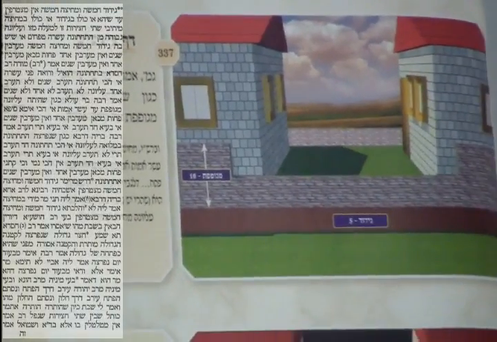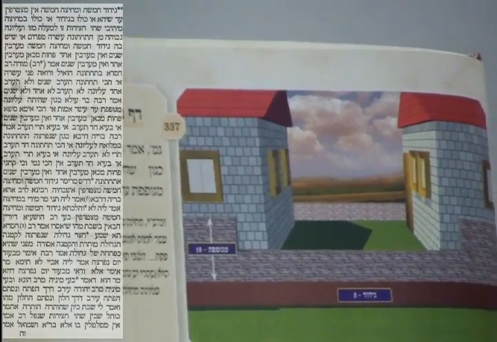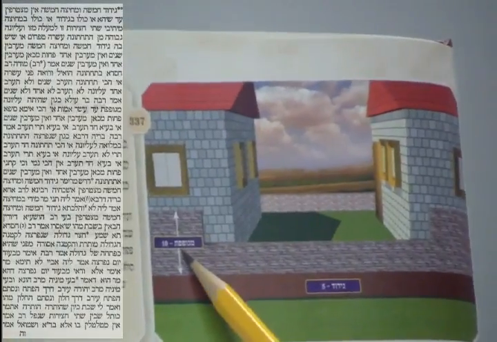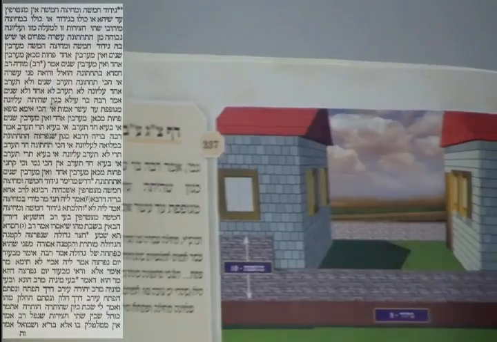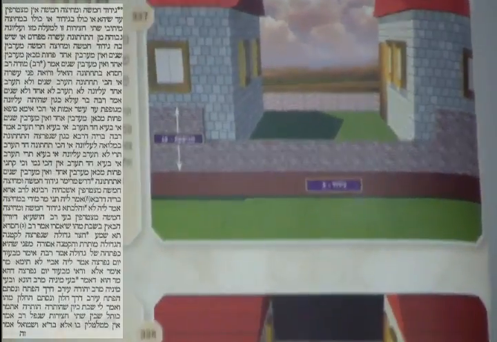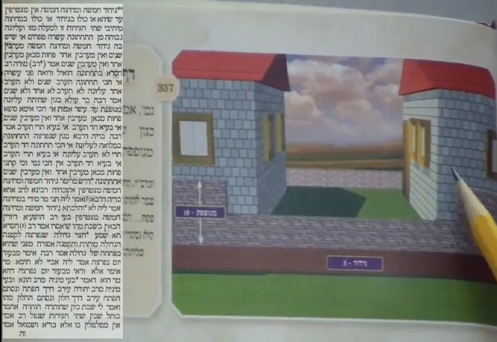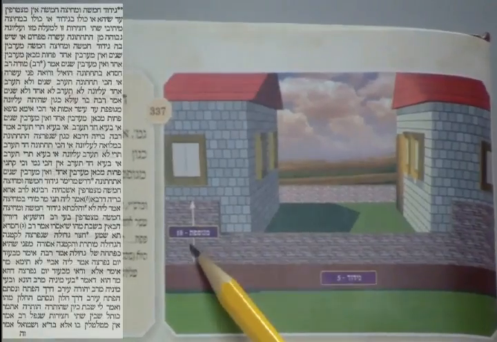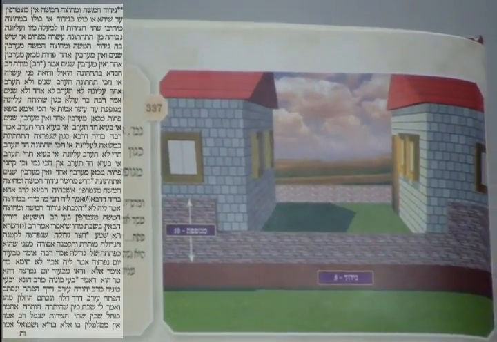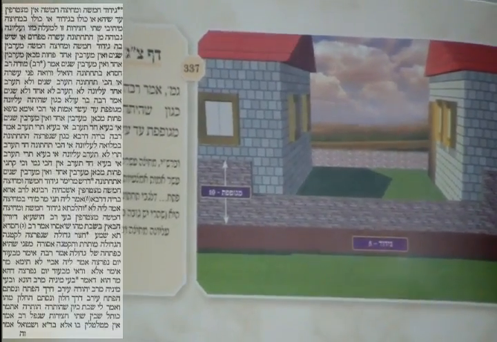So what happened here, it's like an entrance, like a petach, this part. So he holds that only this part is the petach, the entrance, and the mechitza itself is 5.